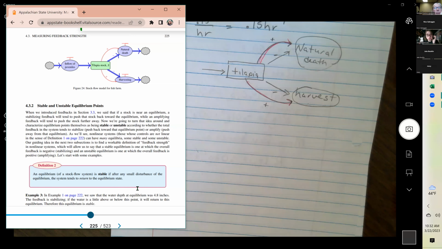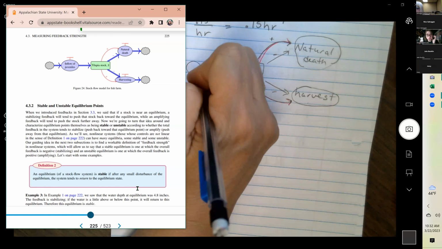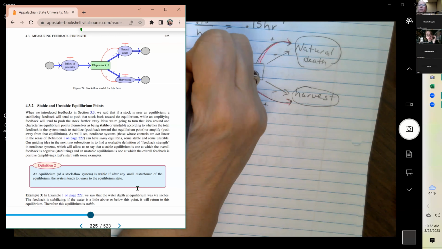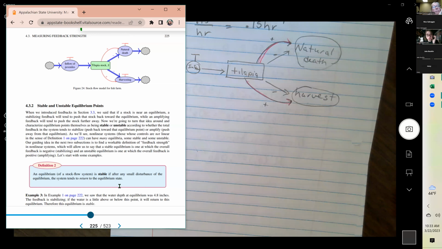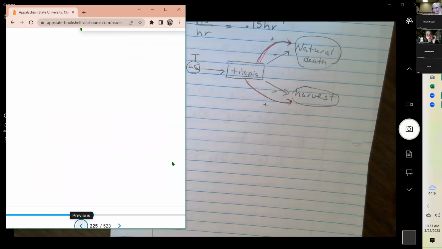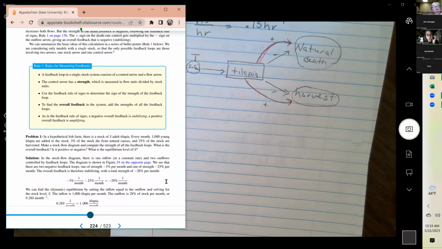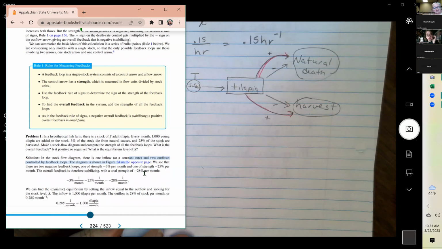Any questions on the arrows? So that would be your stock flow diagram.